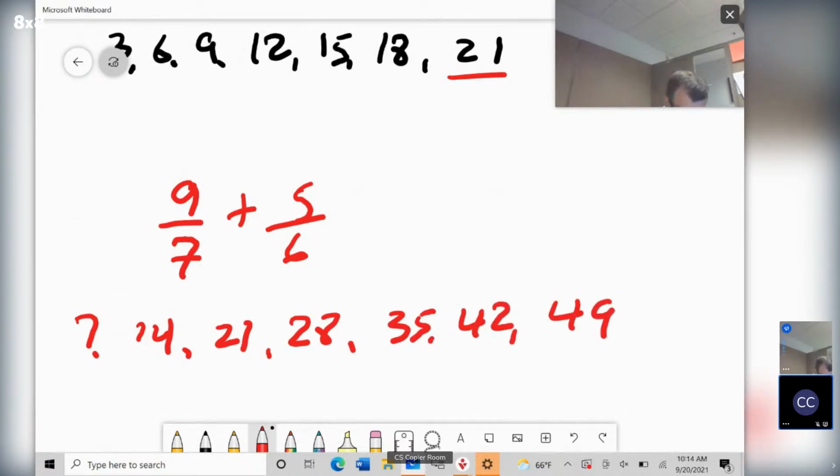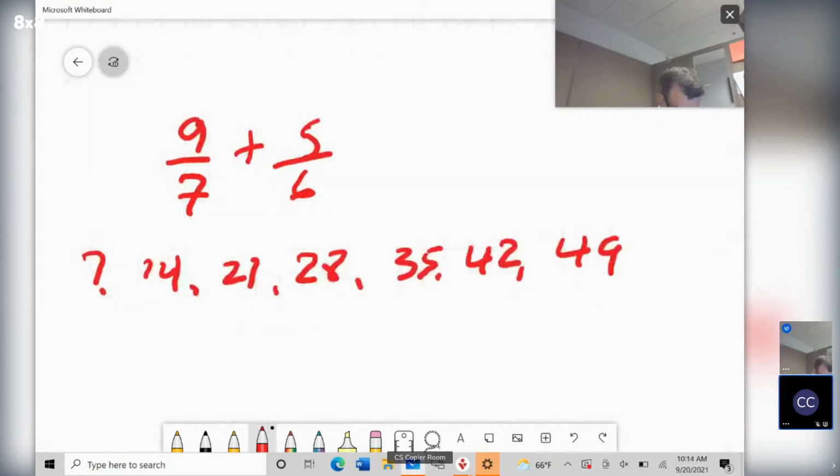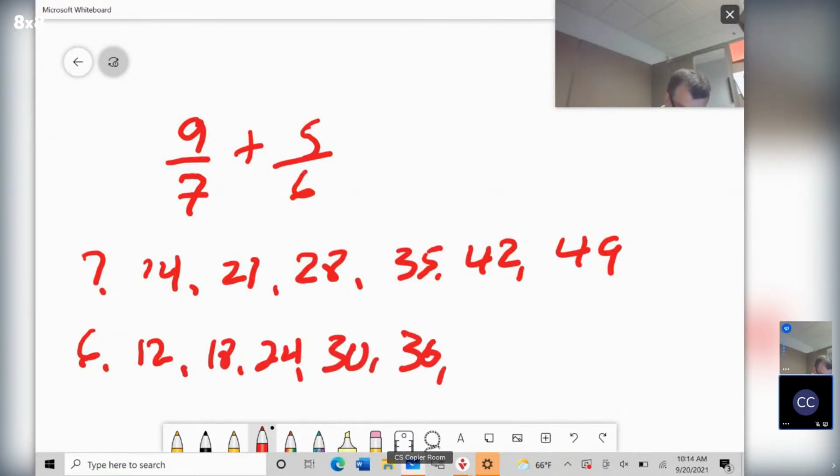Okay. Then we'll do the 6s. So you do 6, 12, 18, 24, 30, 36, 42. And we see, oh, 42 is the least common multiple for both of those right here.